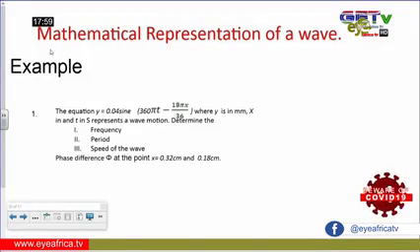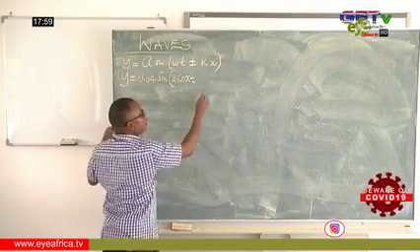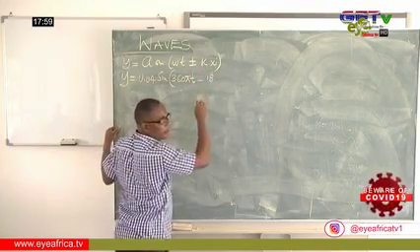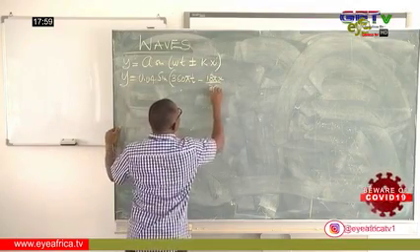It says the equation represents, so if I compare it, I'll have from that question 0.04 sine of 360 pi t, and we have plus or minus, in this case, 18 pi x divided by 36.